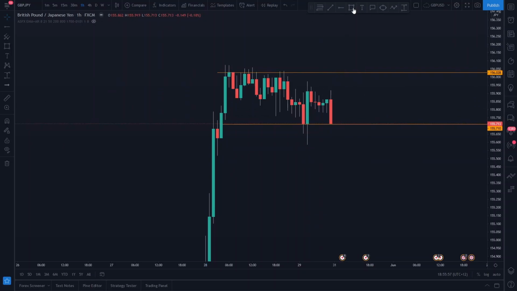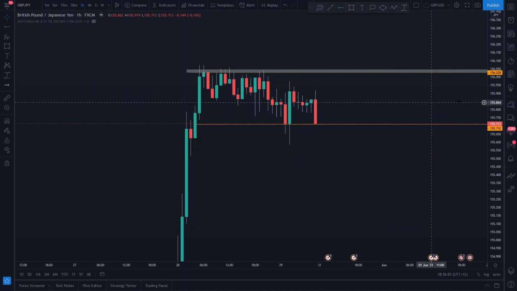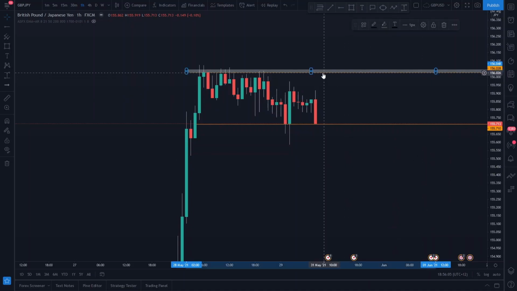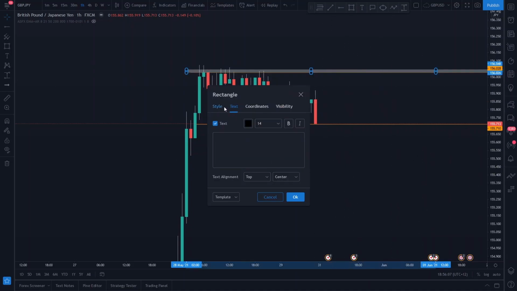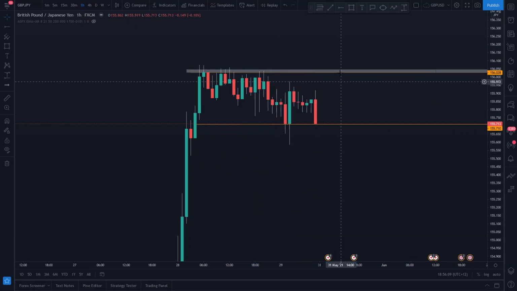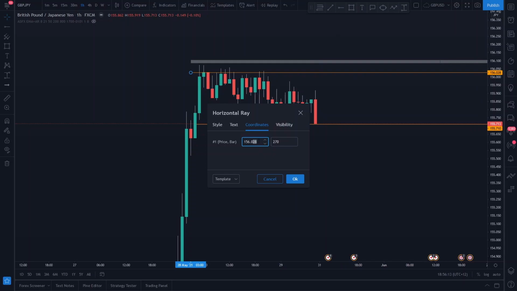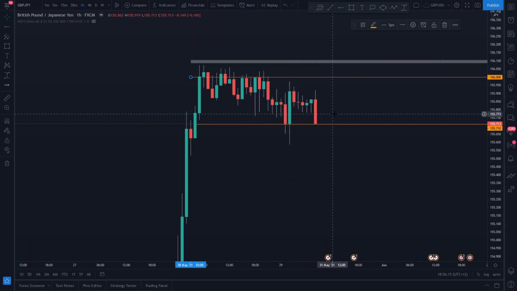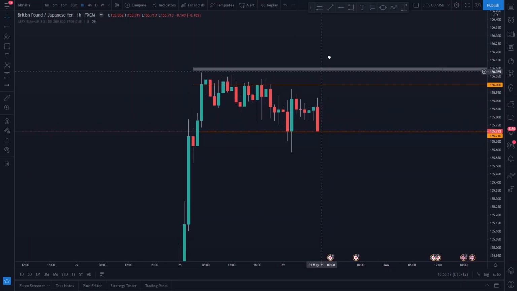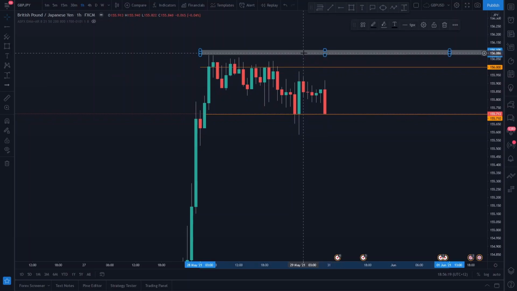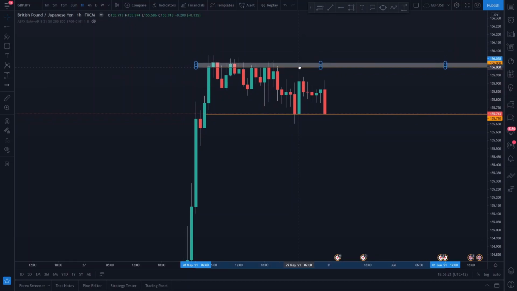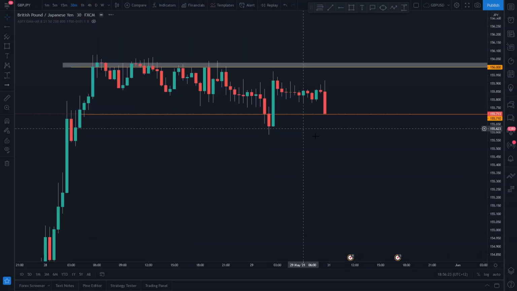So resistance on top. We know the resistance was formed. 156. You can make it even as well. What if we go on 30-minute?